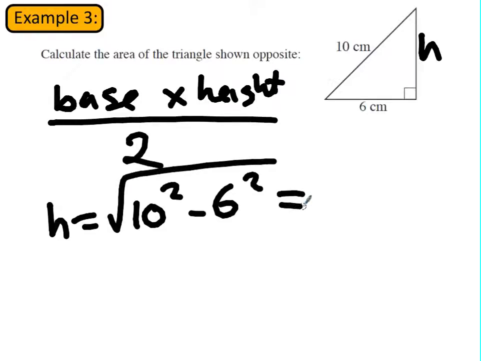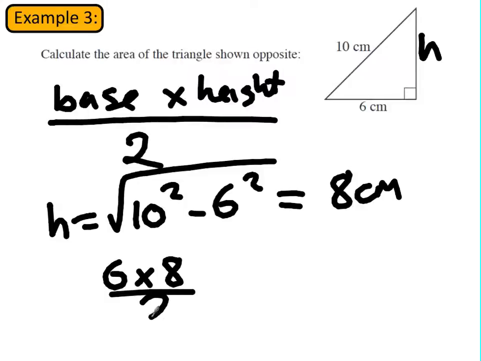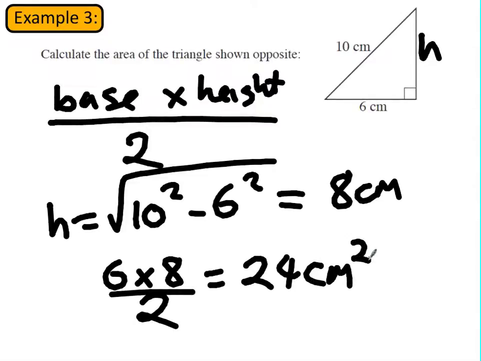And if we work out what that is, we get 8 centimeters. Now we've got to put that into our formula. So the base times the height divided by 2 is 6 for the base times 8 for the height divided by 2, and our answer is 24, and we're working out an area here, so it is in centimeters squared.